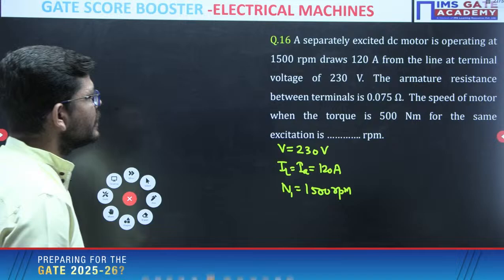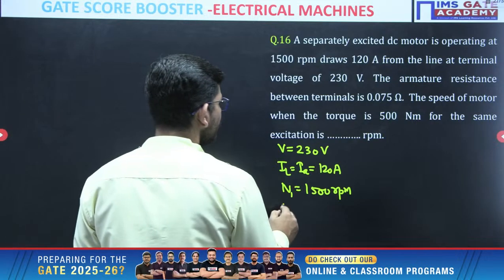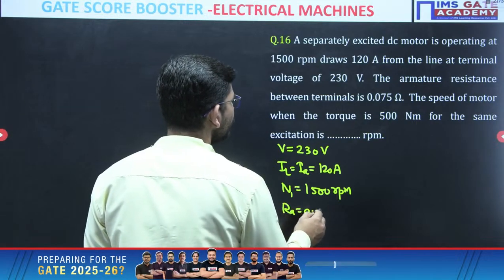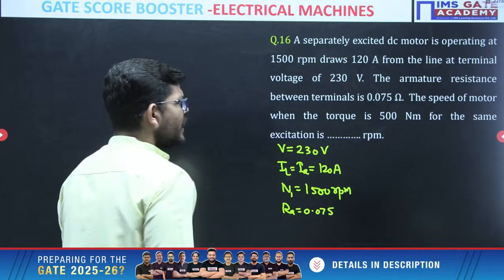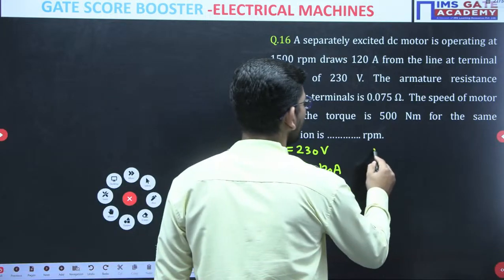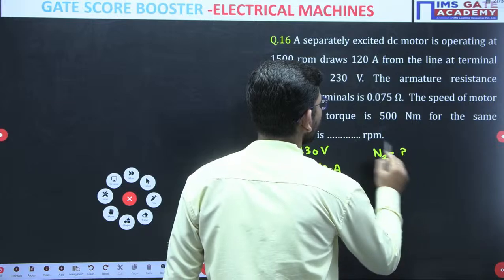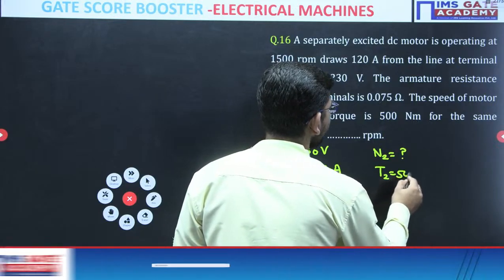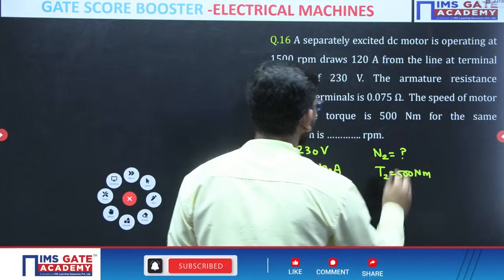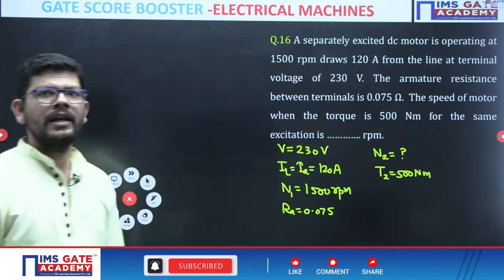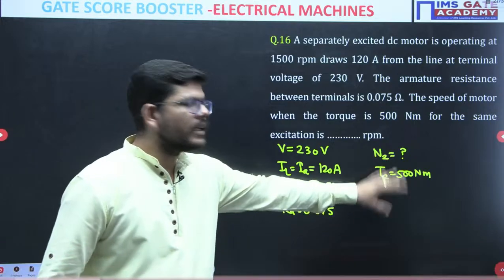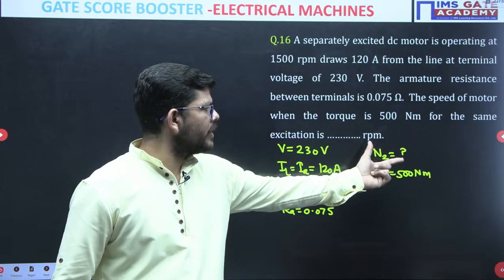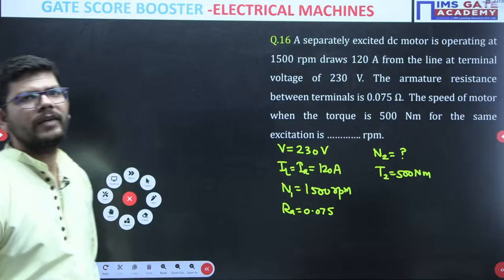The armature resistance RA is 0.075. What will be the speed of the motor when the torque is 500 Newton meter for the same excitation? This is what you have to do in this question.